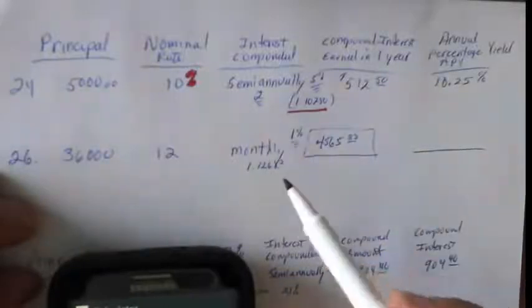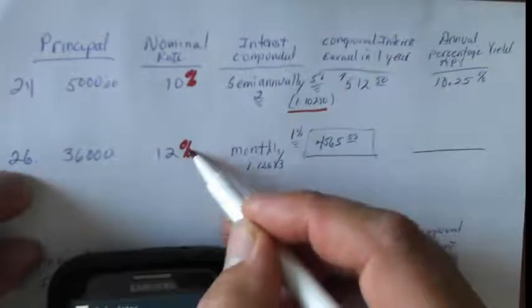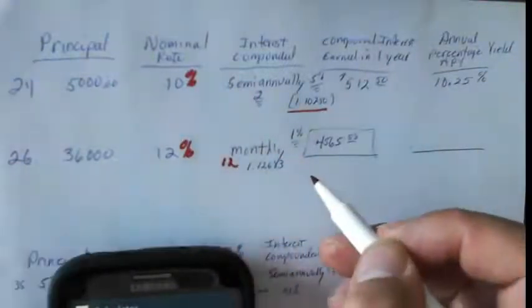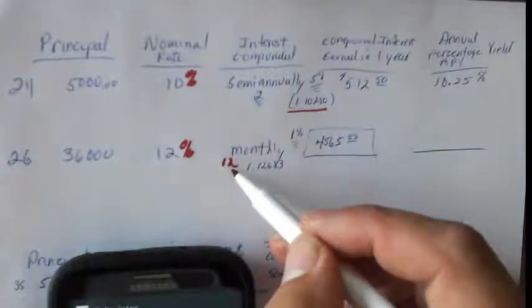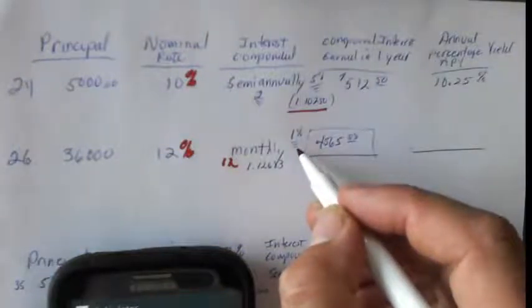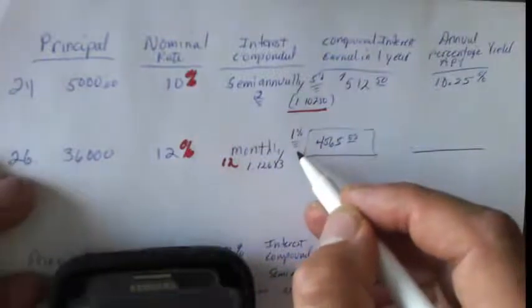So let's do another one of those. Number 26. The rate is 12% monthly, so that means that there are 12 units. So each unit then, so you take the 12% divided by the 12, you're going to get 1% each time. So then that would be the table you're looking for.